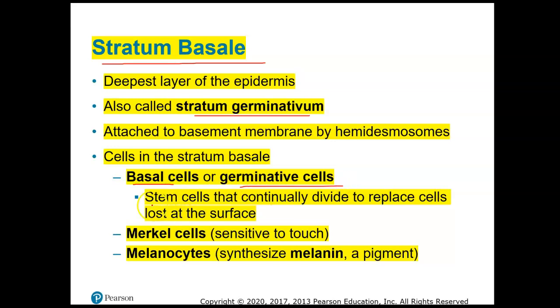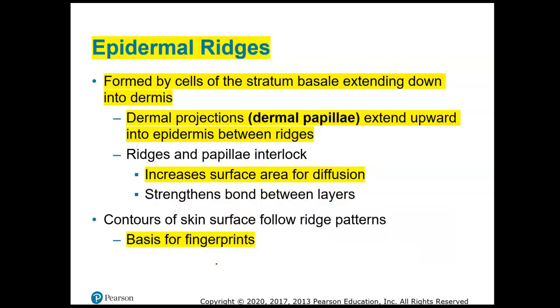These are stem cells that still have the ability to divide. They're dividing to replace the cells that are lost from the stratum corneum. Also, cells that you're going to find in the stratum basale are Merkel cells, which are touch receptors, and melanocytes, which synthesize the pigment melanin, which gives pigment to your skin.